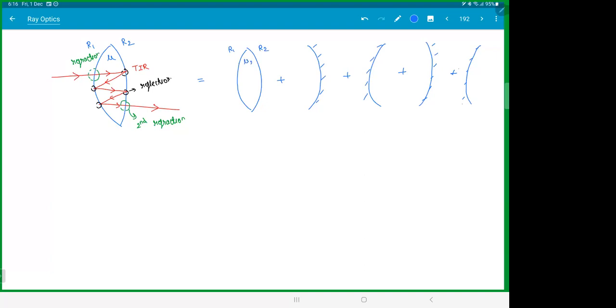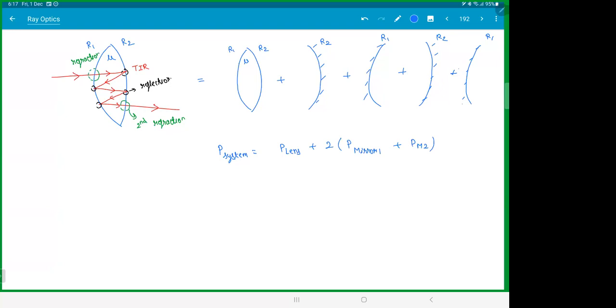So we have a lens of mu and R1, R2, mirror R2, mirror R1, mirror R2, mirror R1. So in this scenario, power of the system will be equal to power of the lens plus 2 times power of mirror 1 plus power of mirror 2.